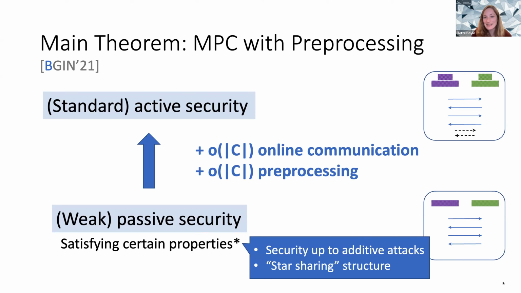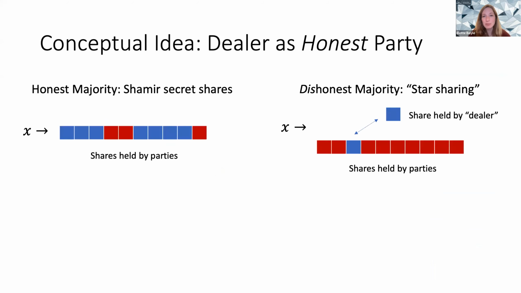I'm not going to get into the details of that. Let me just close with a picture and then go to conclusions, where I want to say what the punchline is. How do we deal with this conundrum of the robust sharing? The idea of this work is that we can treat the dealer, whoever is generating this correlated randomness, as an honest party in the execution.